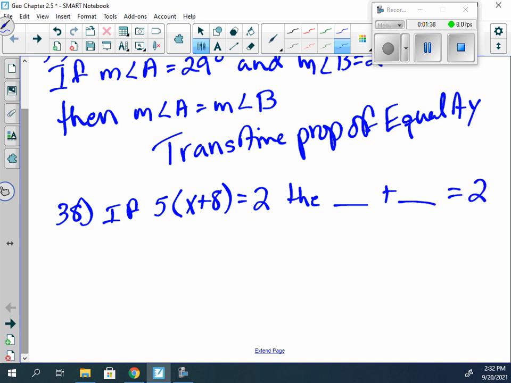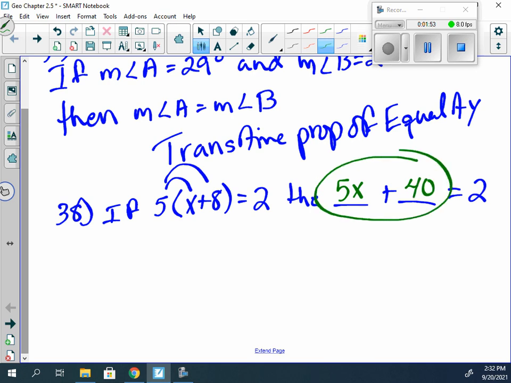And it said distributive property, yes? Well, our distributive property is we're distributing the 5. So 5 times x would be, and 5 times 8 is, and that's it. So really on 33 through 40, it's just asking you to apply it. So since it was talking about the distributive property, we would distribute it. If it's the transitive property, we finish out the statement.